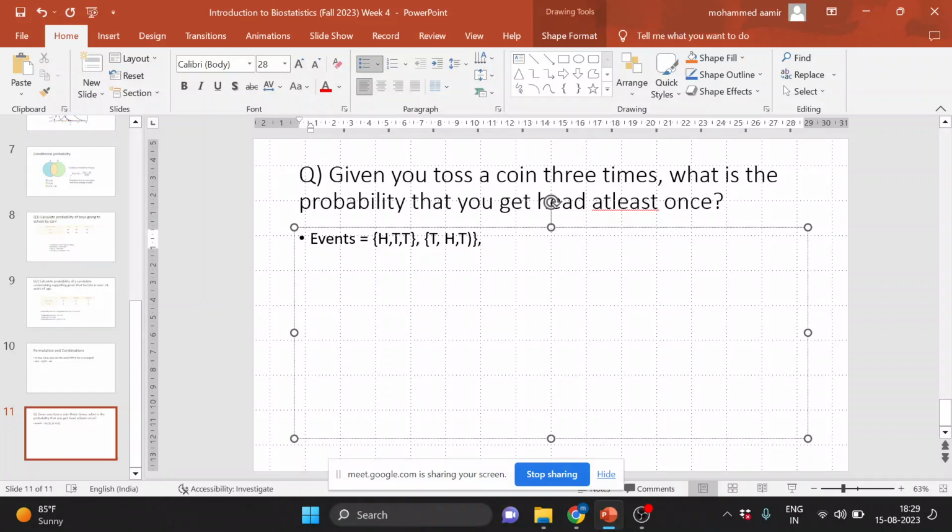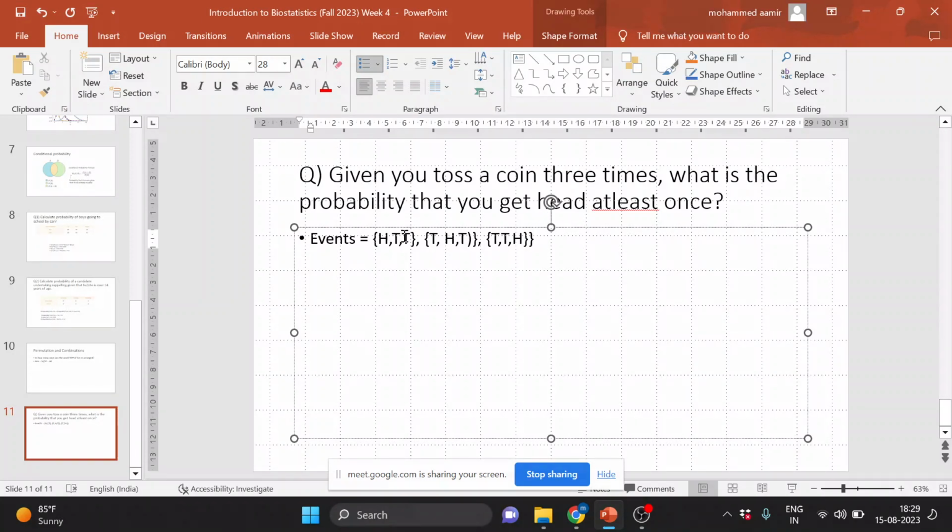So when you toss a coin three times, what is the probability that you get head at least once?